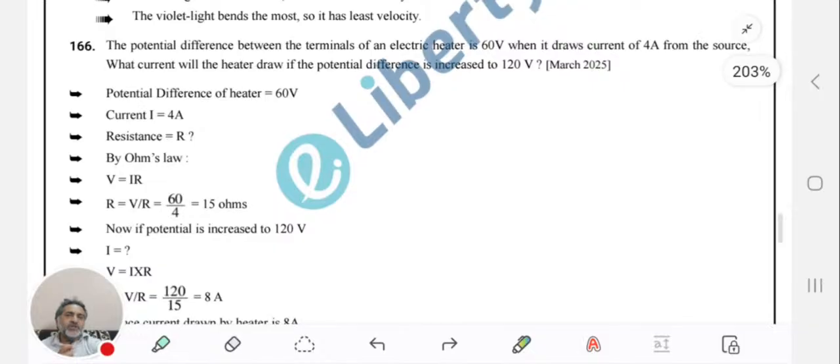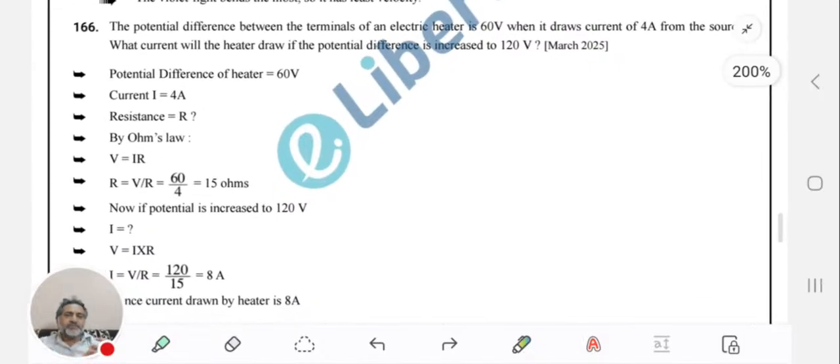Now question number 166. The potential difference between the terminals of an electric heater is 60 volt when it draws a current of 4 ampere from the source. What current will the heater draw if the potential difference is increased to 120 volt? Potential difference of heater is 60 volt.